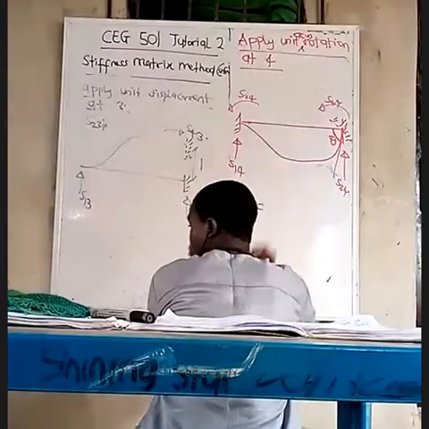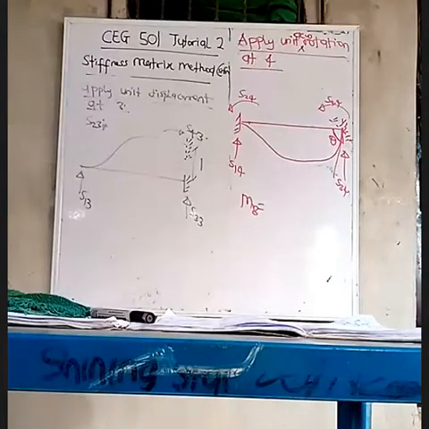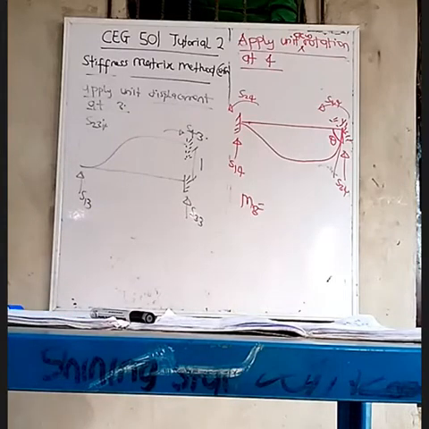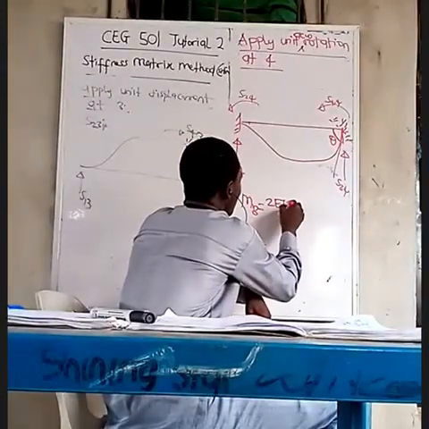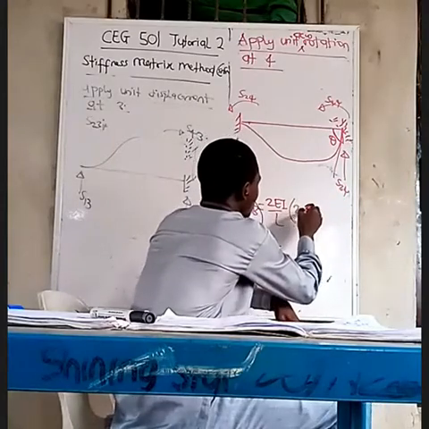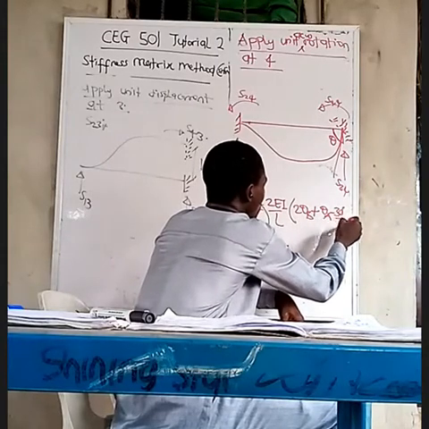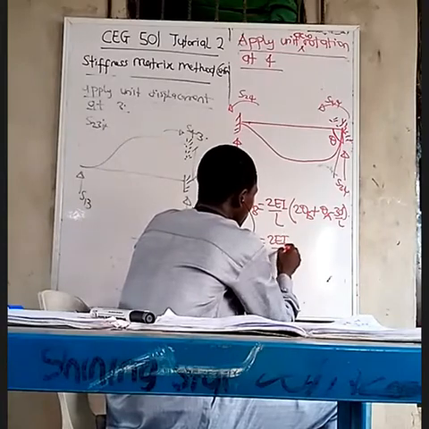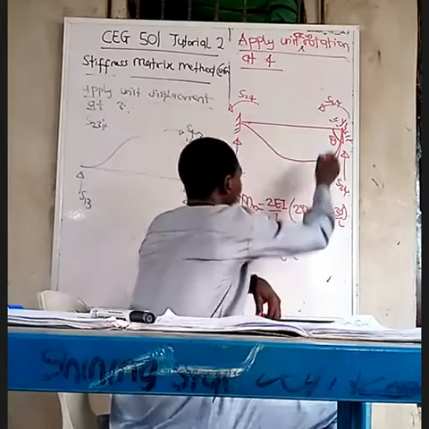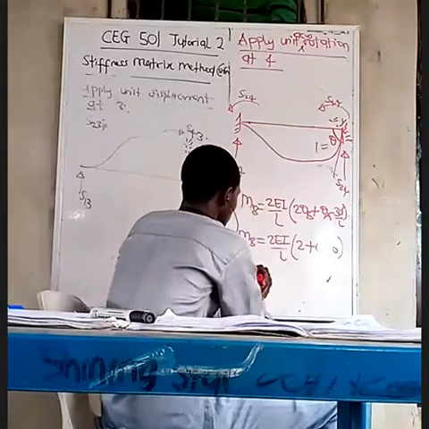MB is equal to, yeah, so MB equals 2EI over L into brackets 2 theta B plus theta A minus 3 delta over L. So MB is equal to 2EI over L. Theta B is 1, so we have 2 plus theta A, which is 0, minus 0.